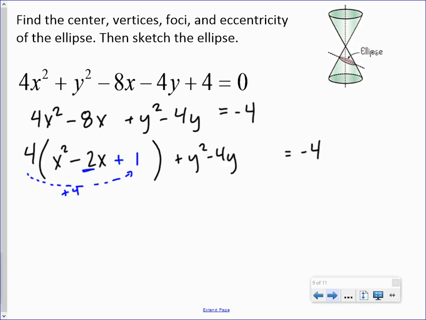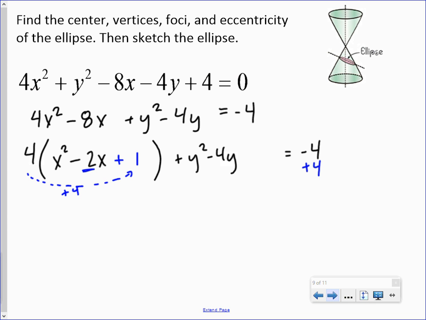So what do you have to do on the right side? Also add 4. This was a really hard thing for a lot of people back in semester 1, chapter 2. What question do you have? Why? Okay, when you complete the square, plus 1, are you okay with that? You didn't really add 1, you added 4.